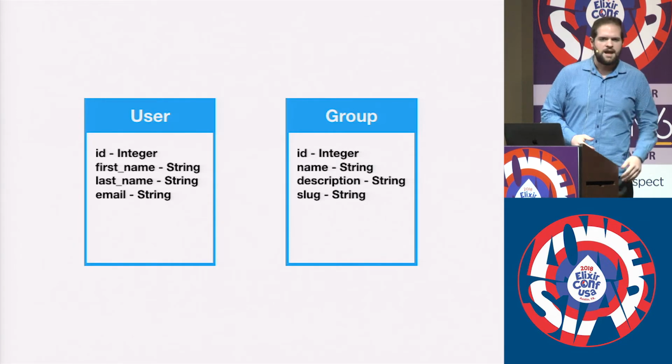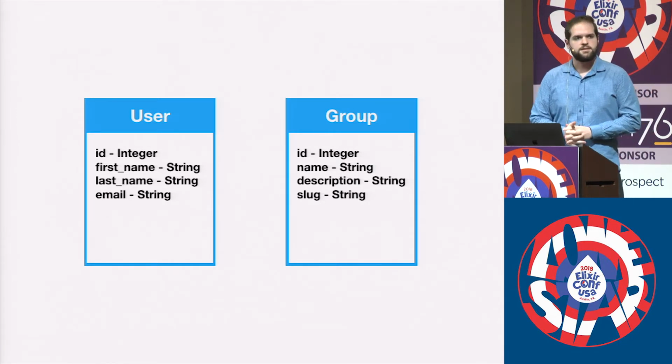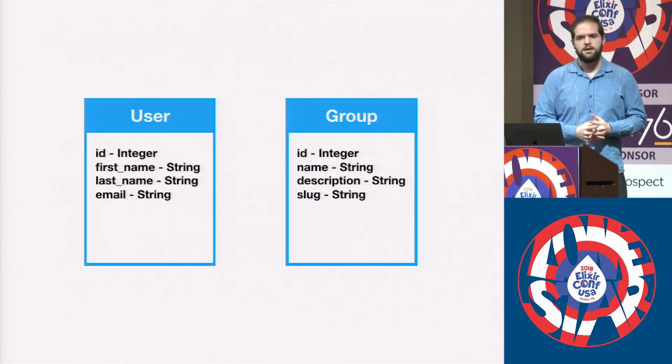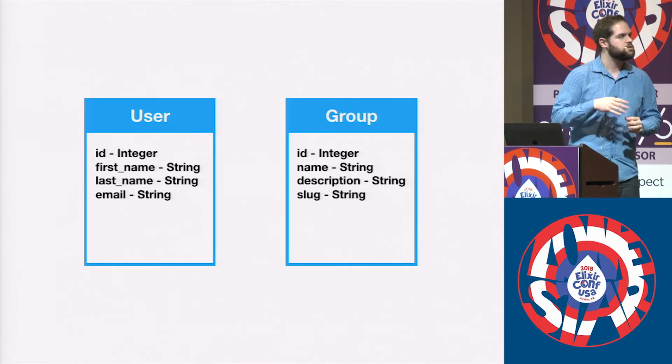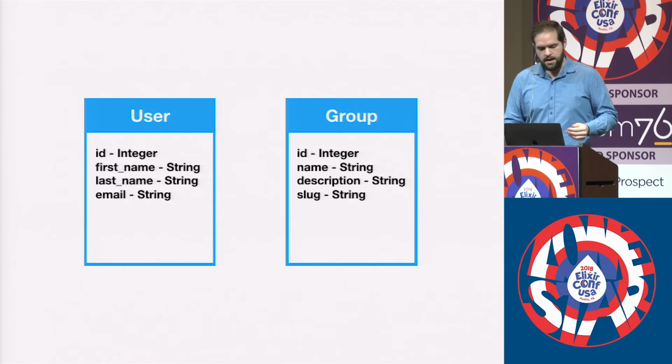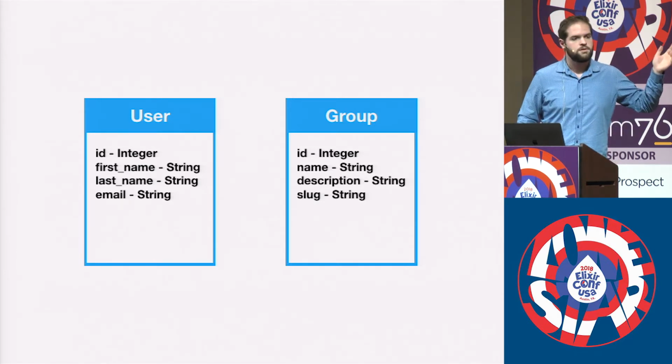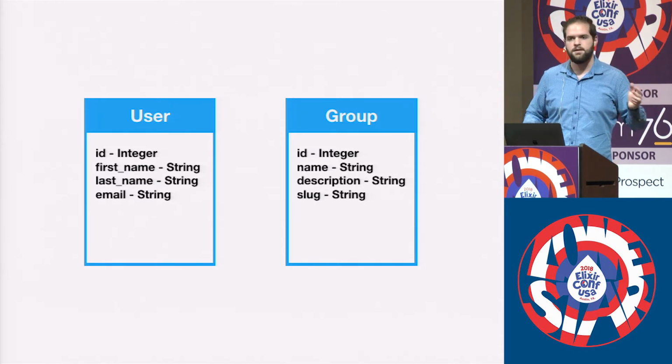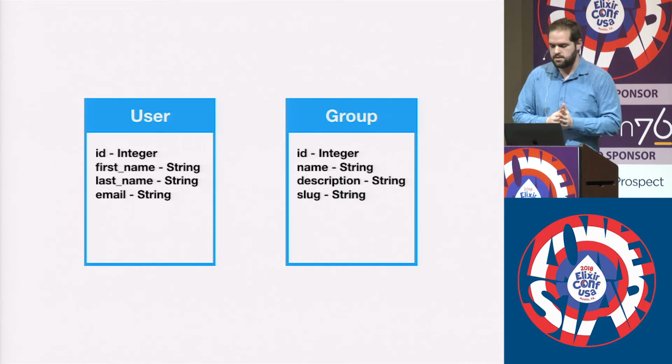This is an app that I started to write called Sir Alex. It's meant to do group management so that you can send messages to a group, similar to what Meetup does. You have your user schema and your group schema, and those are two separate tables in our database.